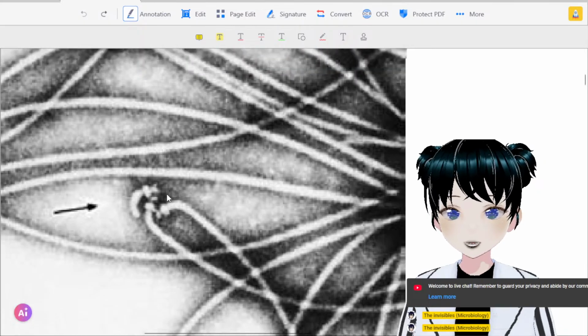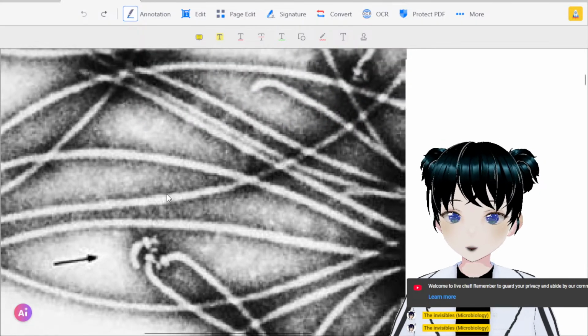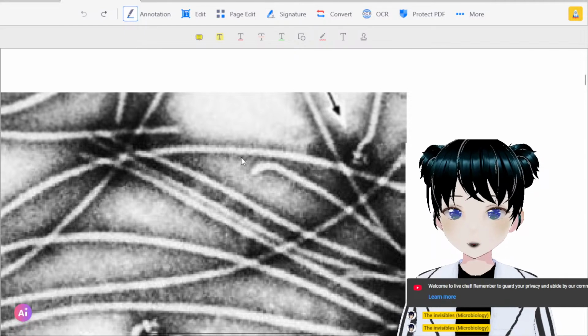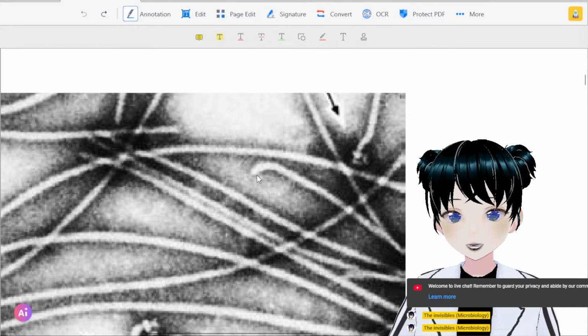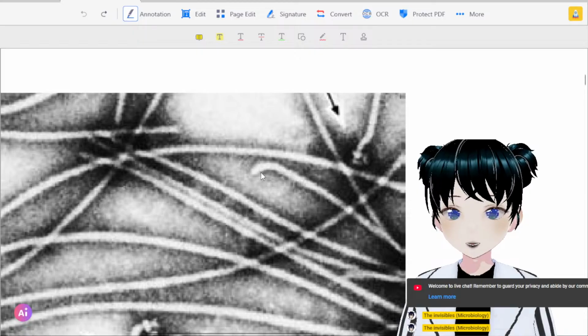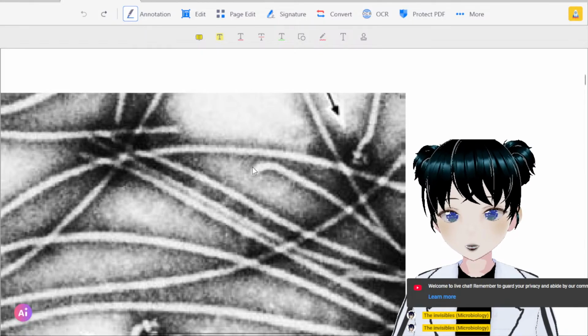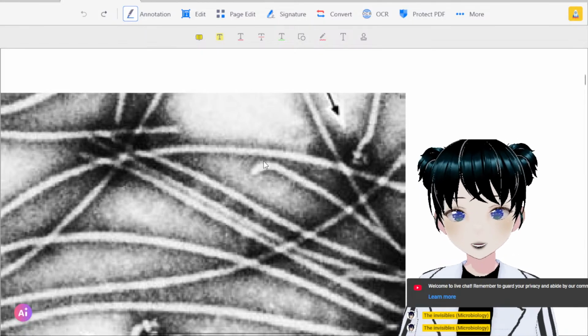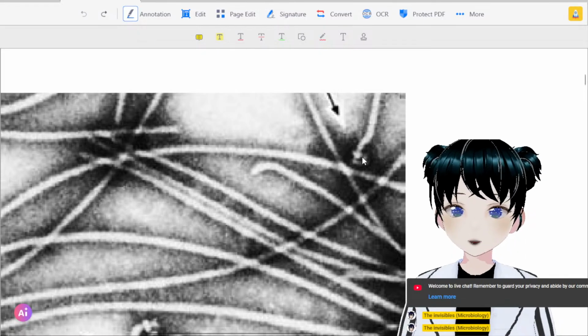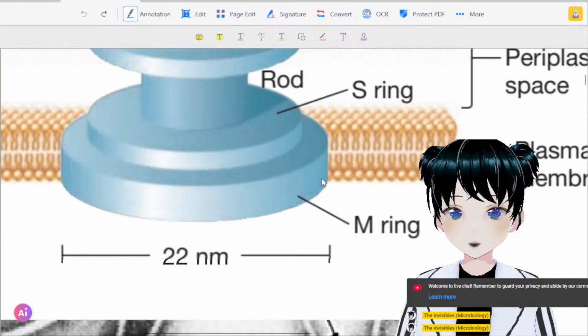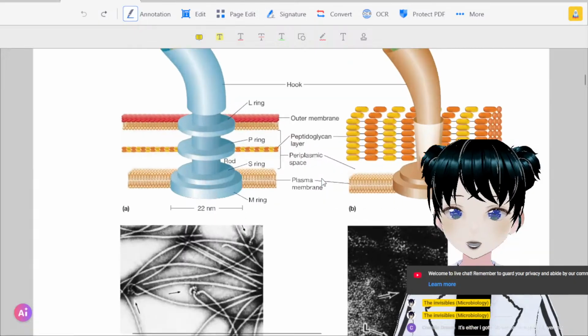We can clearly see the ends of these flagella. If you look here, this clearly shows the filament cap area, which is out of the cell. This is the filament head, and this is the end part.